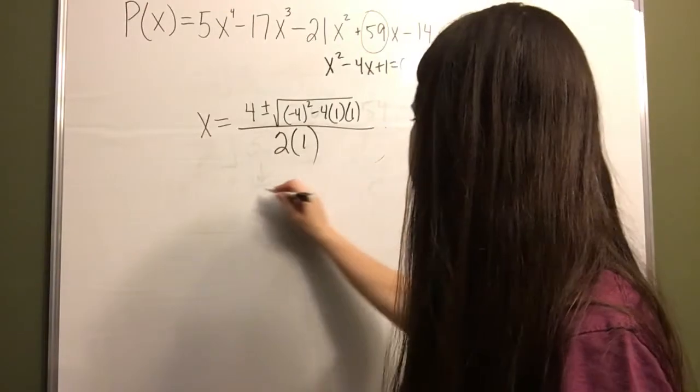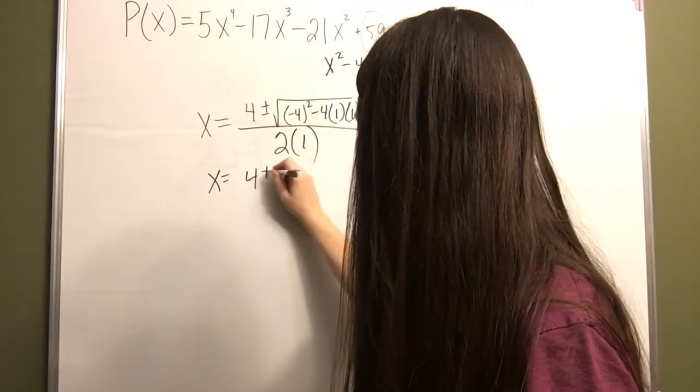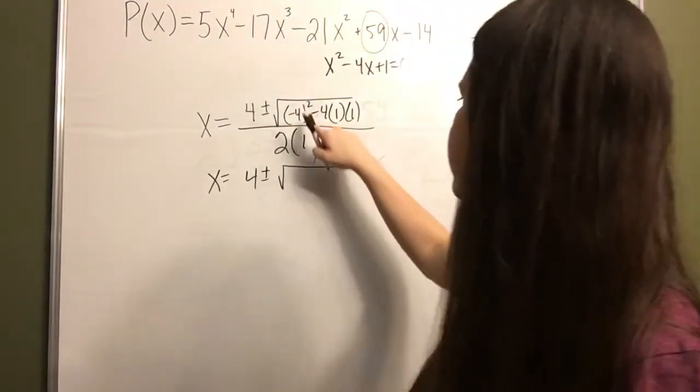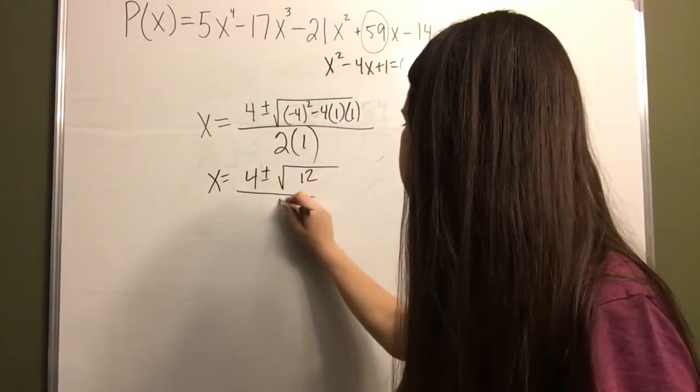Okay, so what we get here is 4 plus or minus square root of 16 minus 4, which is 12, all over 2.